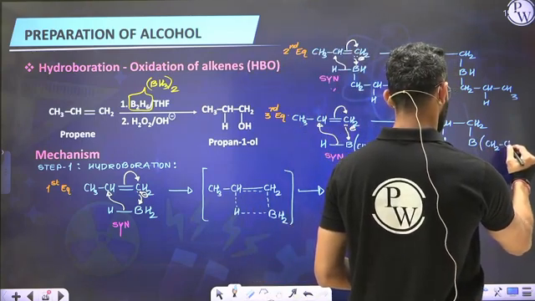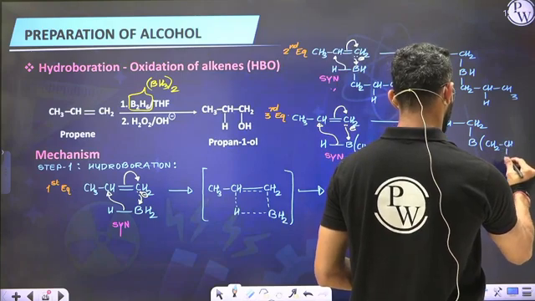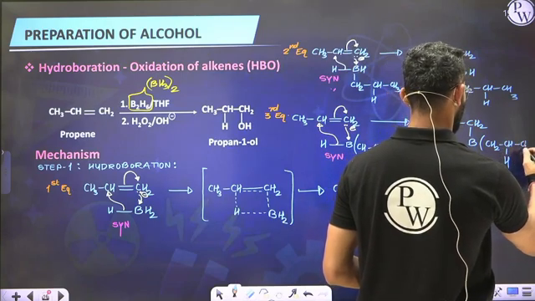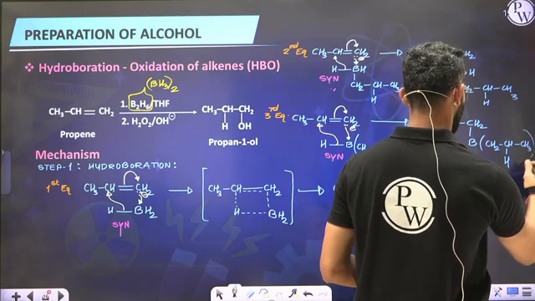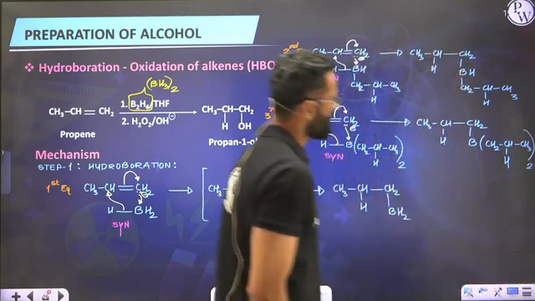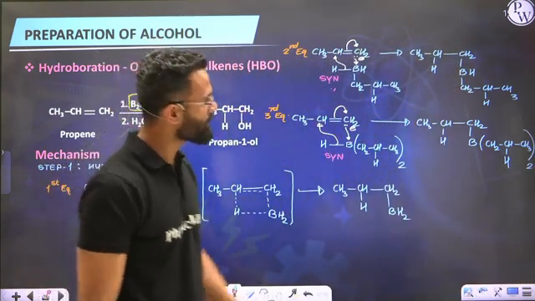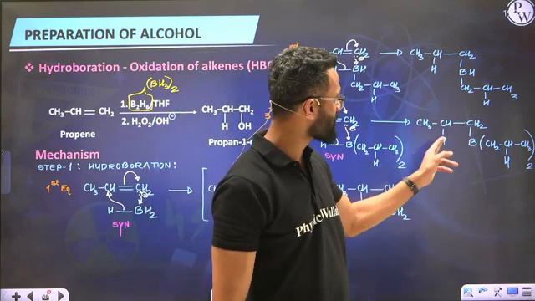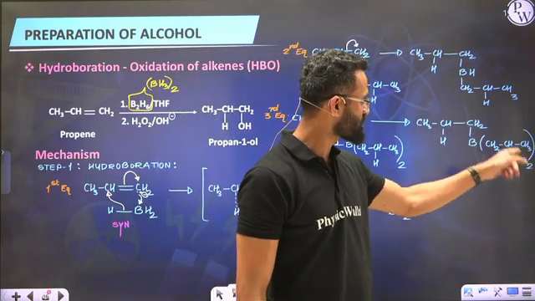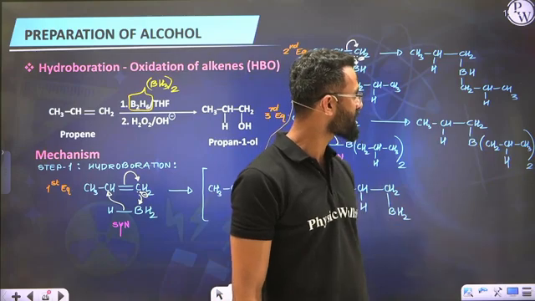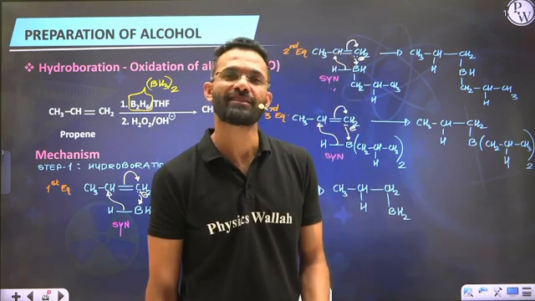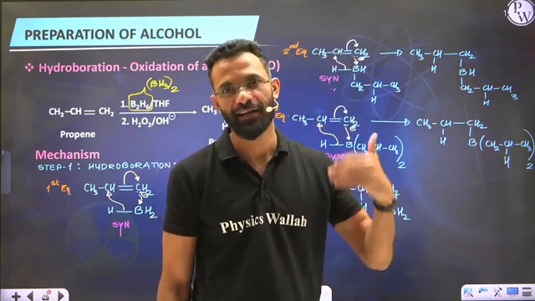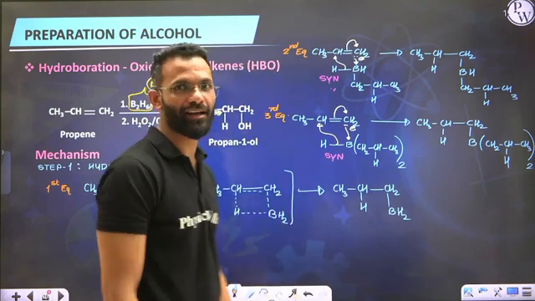CH2, CHH and CH3 present twice. So everyone, this is your n-propyl group. This is also an n-propyl group present twice. So a total of 3 n-propyl groups connected to boron. So we call this intermediate trialkyl borane. What do you call it? Trialkyl borane.